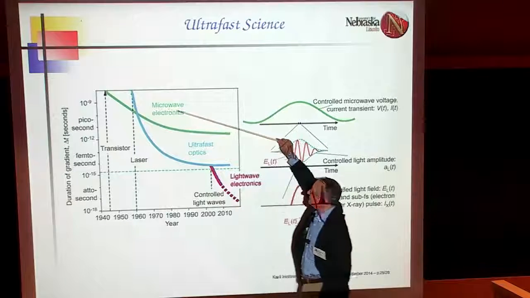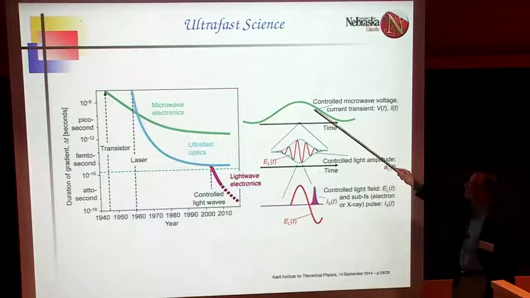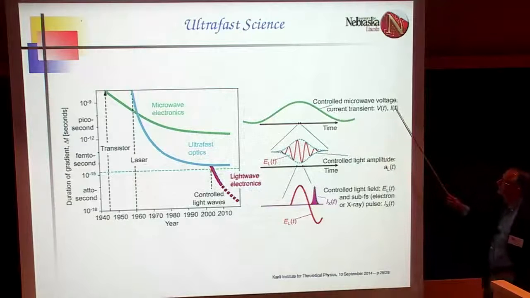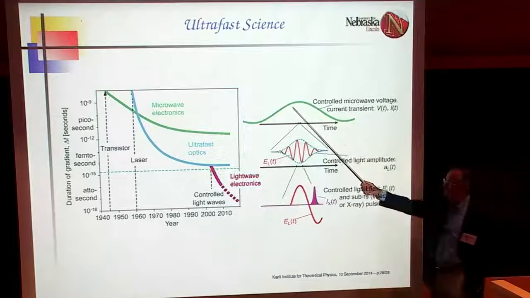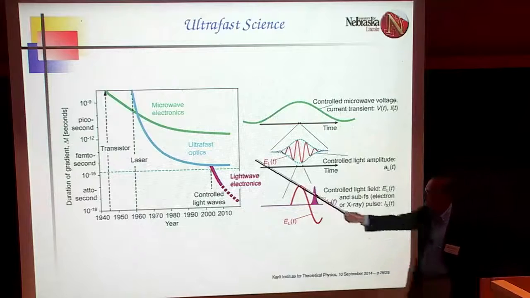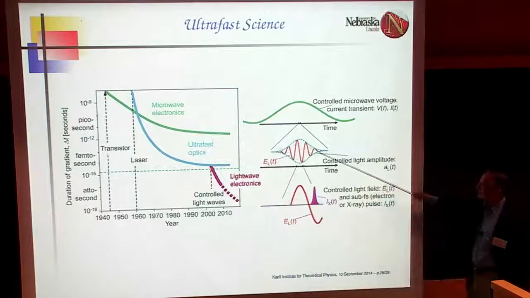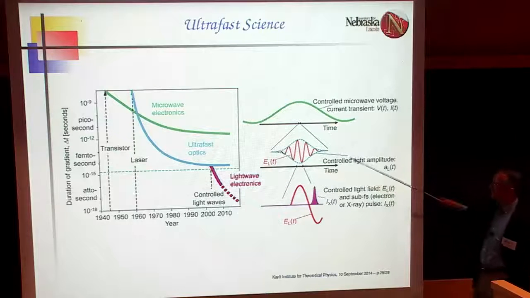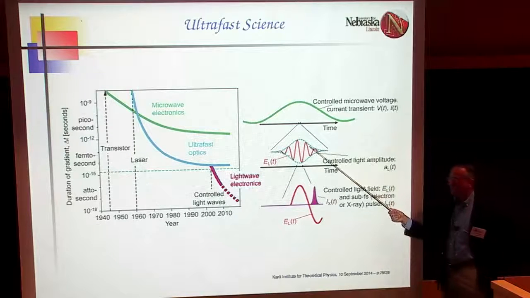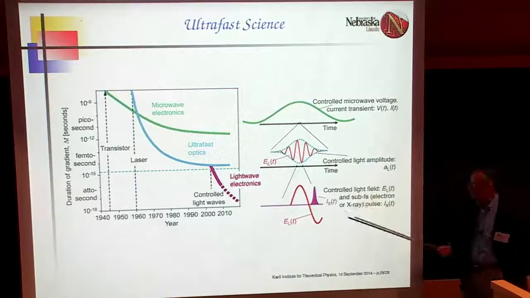When you have microwave electronics, what you're doing is using voltages and currents to control electron motion. When you have ultrafast optics, you're using the intensity of a pulse, the envelope, to control electronic motion.